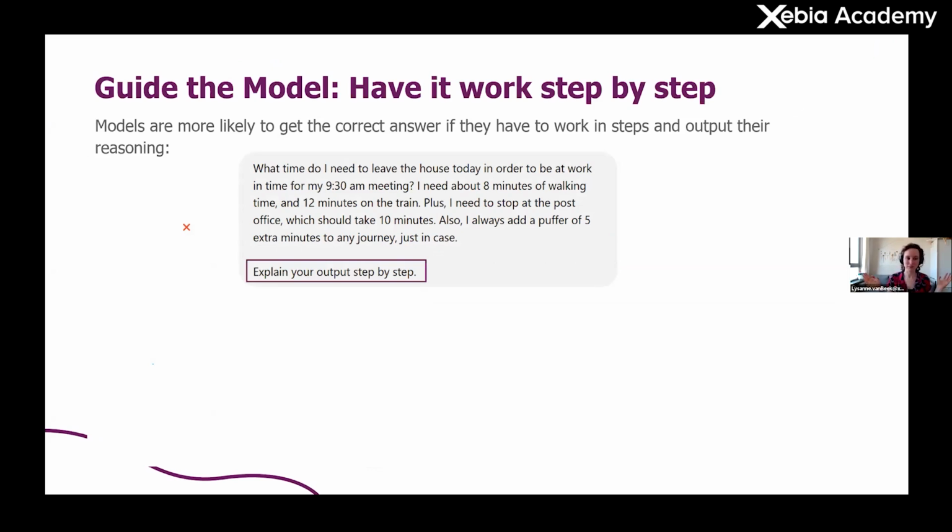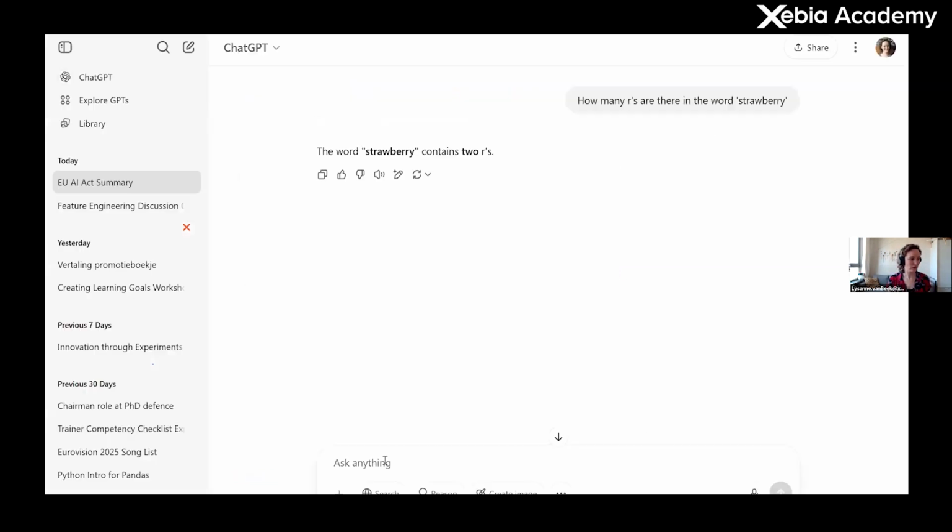So instead of saying, hey, tell me what time I need to leave the house, if I have a meeting at 9:30 and I have these and these and these things to do, if we add a little explain your output step by step, chances are that the results will be better. Not always, but let's try it for the strawberry. How many R's are there in the word strawberry? Explain your output step by step.